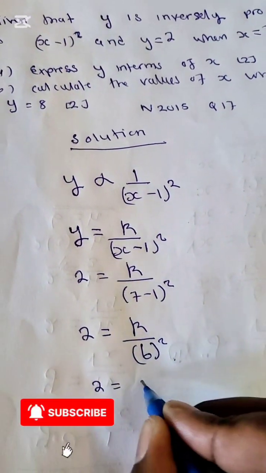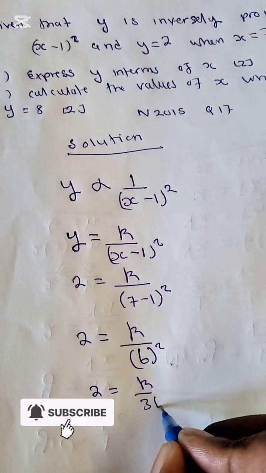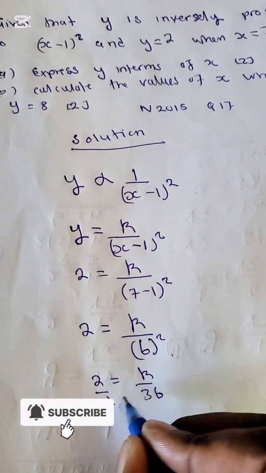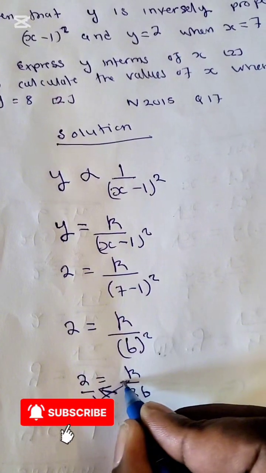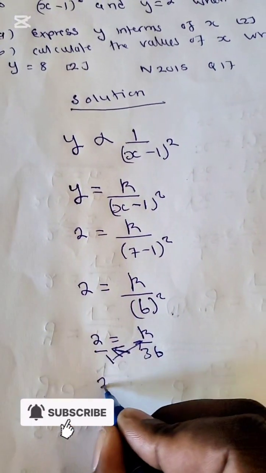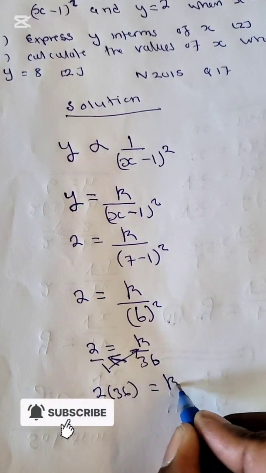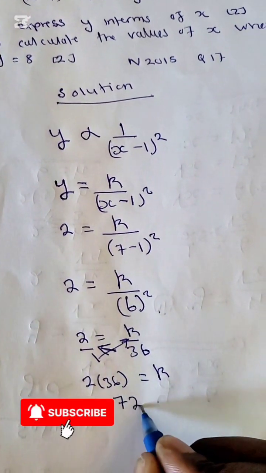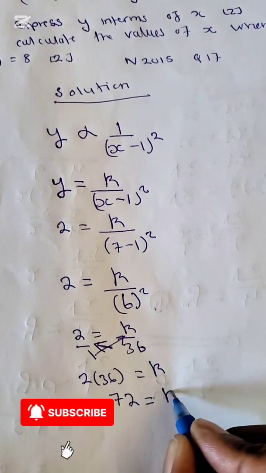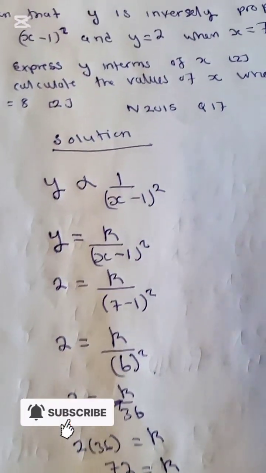That is 2 is equal to k over 36. So we cross multiply: 2 multiplied by 36 is equal to k. 2 times 36, 72, is equal to k. That's the value of the constant.